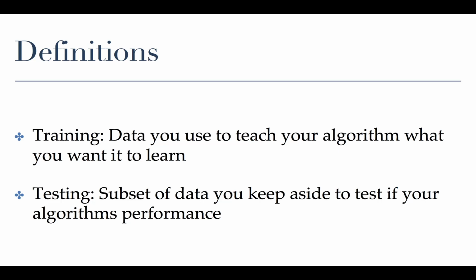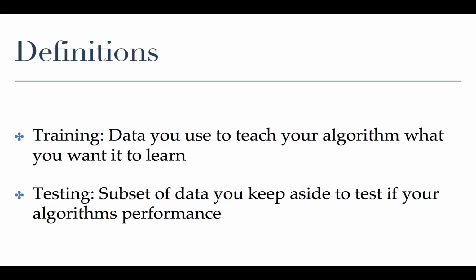The other important concept is testing. After you have trained your model, you don't exactly know what it's learned yet. You have to actually try it out and see if it was able to find patterns in the data.